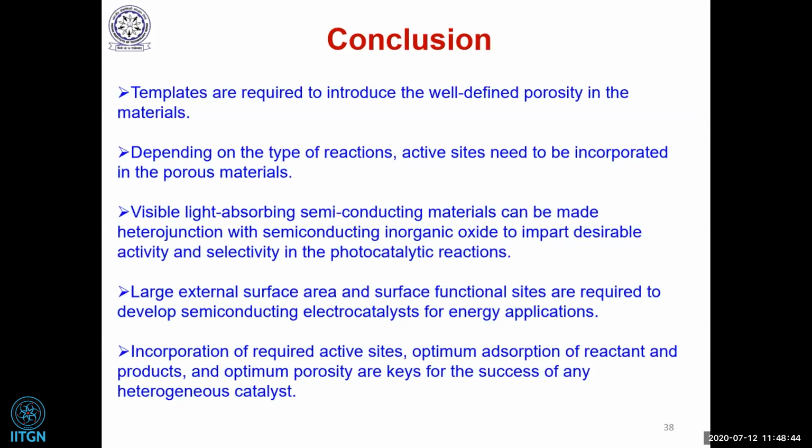And if you want to do photocatalysis, you also have to introduce a material which has light absorption property, and then you can make a heterojunction or you can do doping. And large external surface area and surface functional groups are very important for the development of electrocatalysts. And finally, in conclusion, incorporation of suitable active sites, optimum adsorption of the reactant and product, and optimum porosity are all very important to achieve the desired heterogeneous catalyst for a particular transformation.